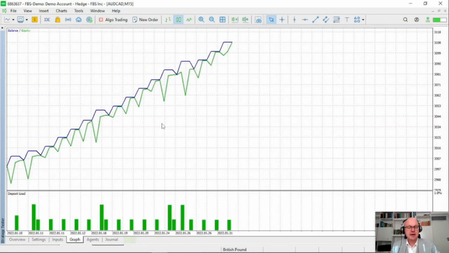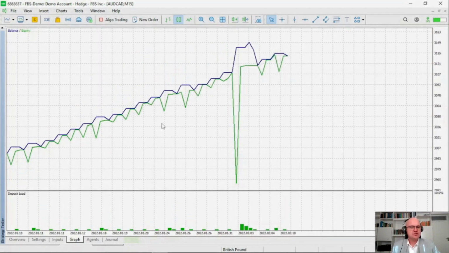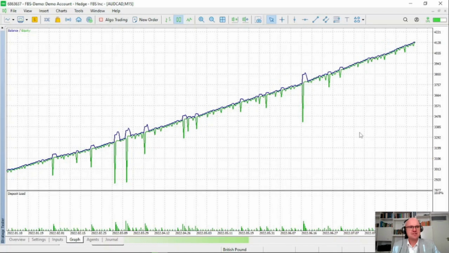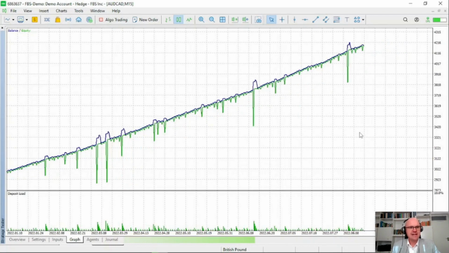So again, we see that low deposit load because of the smaller orders that the grid is placing. And what we will have from this is a very healthy equity and balance curve that has already surpassed the previous amount that we closed at and is still going strong.